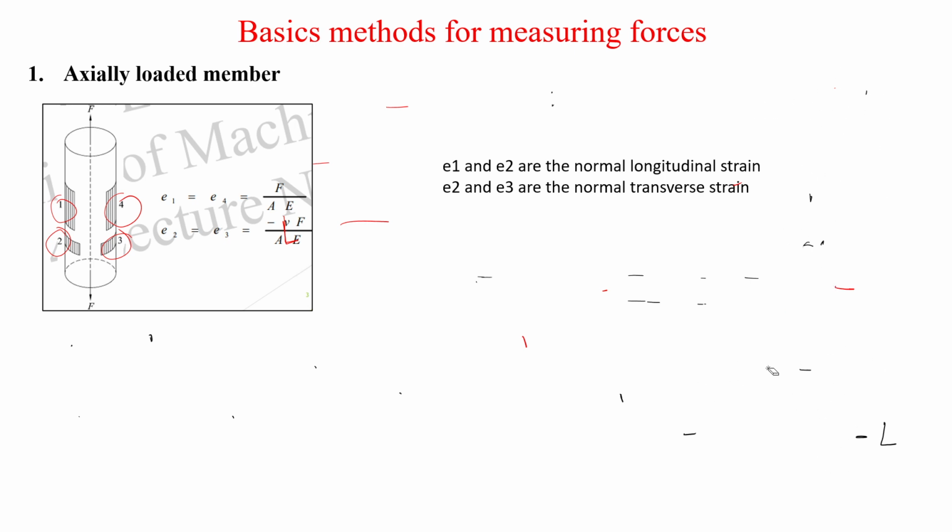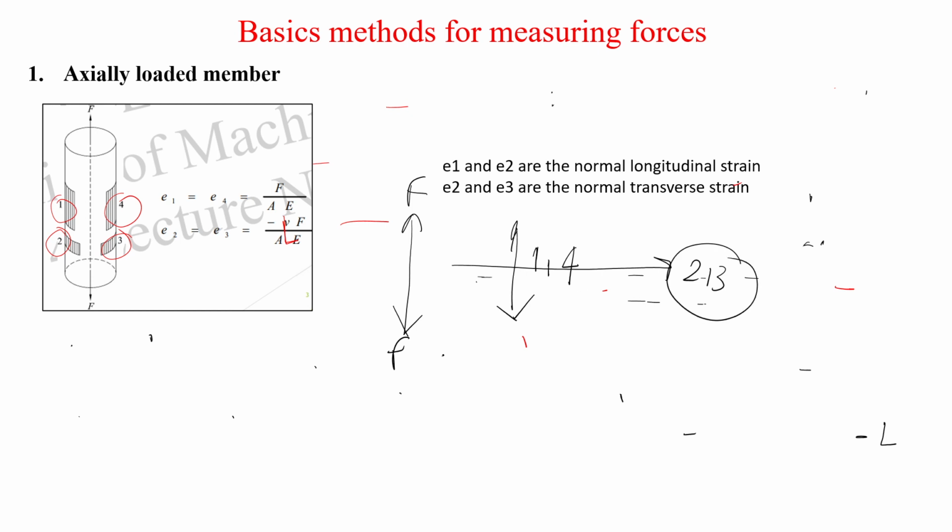Fine. Now see, similarly if the force F is in this direction, and in this direction we have two strain gauges, 1 and 4, and perpendicular to this we have 2 and 3. The value of strain for 1 and 4 are equal, which will be equal to F upon AE, right? But for 2 and 3, these are the lateral strain.